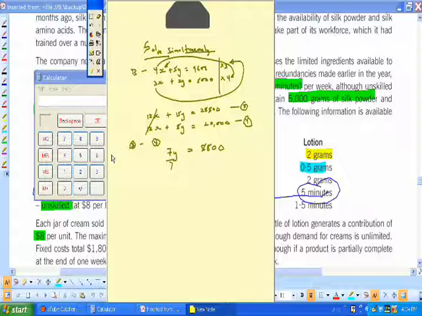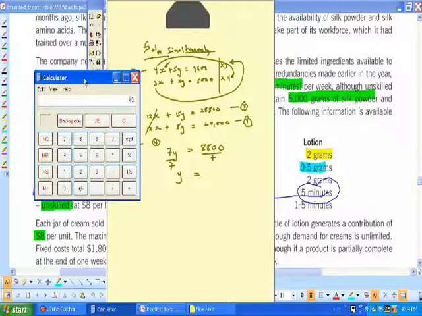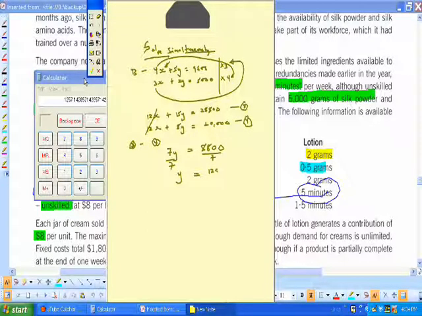Dividing both sides by 7 gives you y is equal to 8,800 divided by 7, which gives you 1257.14.